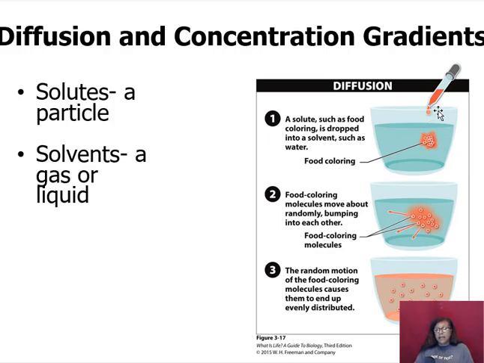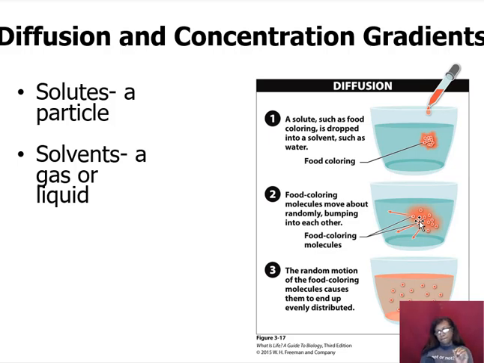So I can see it. When I put that drop of food coloring into the water, what's going to happen? We're going to see the dye diffuse throughout the water, which means that the particles are spreading out. They're trying to get away from each other, right?